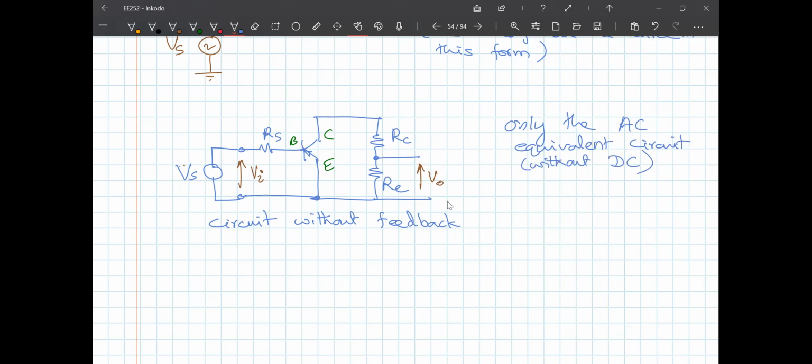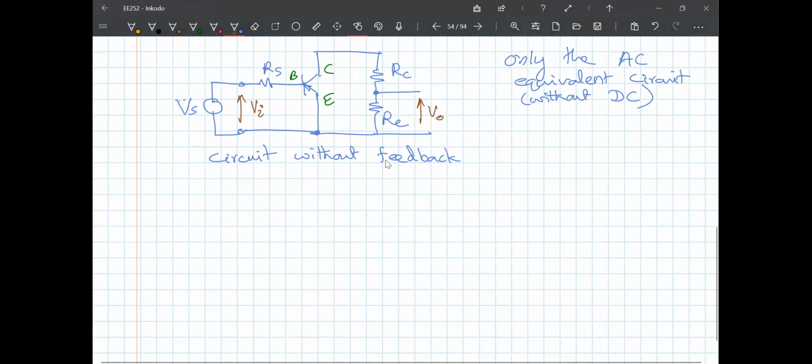Because our analysis of input impedance, output impedance, and gain, we do all these for the AC circuit only. We are not going to worry about the DC. That is why there is no DC source between the collector and the resistor. That is the reason. So this is my circuit. Now it is easy to do the analysis.